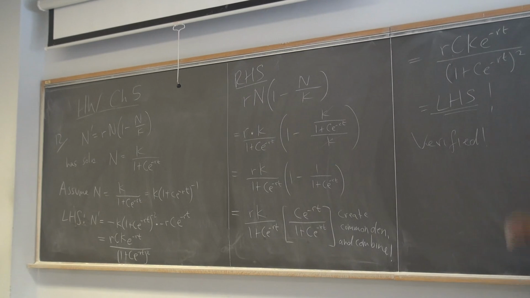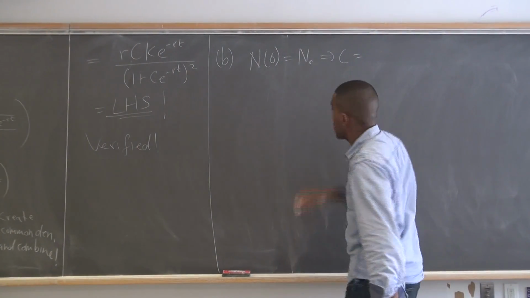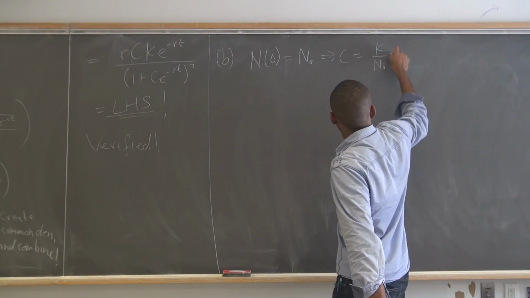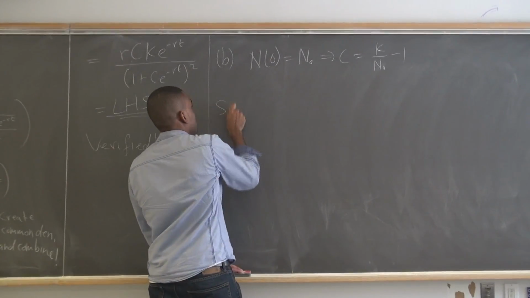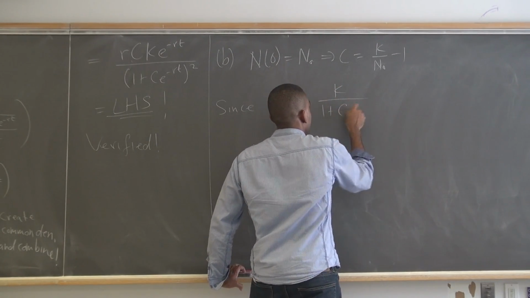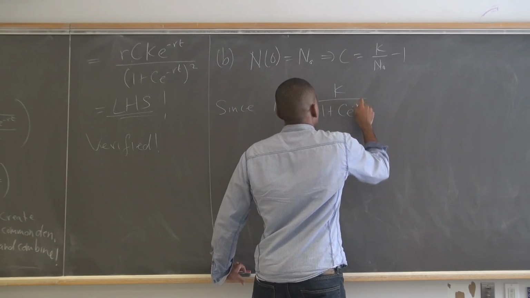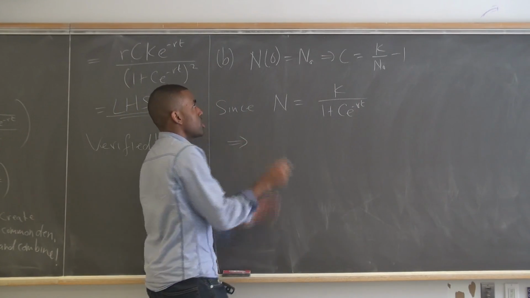And in part B, show that if n0 equals this, then the value of c is given by that. So n0 equals n naught implies that c is equal to k over n naught minus 1. Since n is equal to k over 1 plus c e to the minus rt, you just plug in the initial condition.